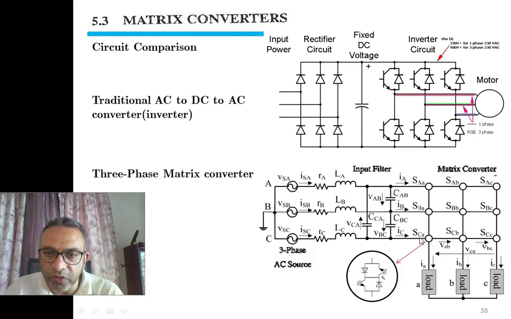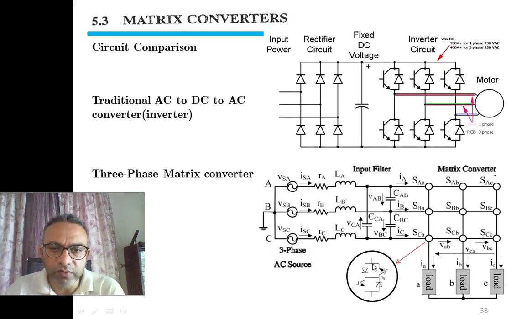So if we look at bidirectional switch SCA, what is inside this circle? There is a pair of MOSFETs and a pair of diodes, and this is the device which will allow current to flow in both directions.